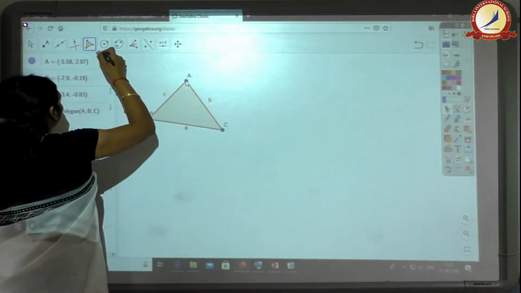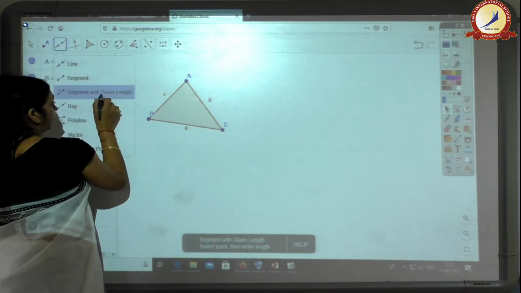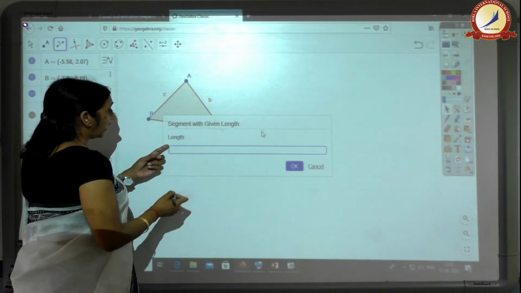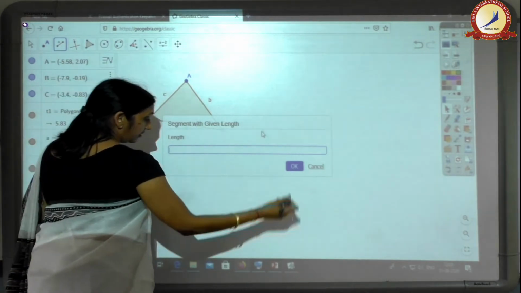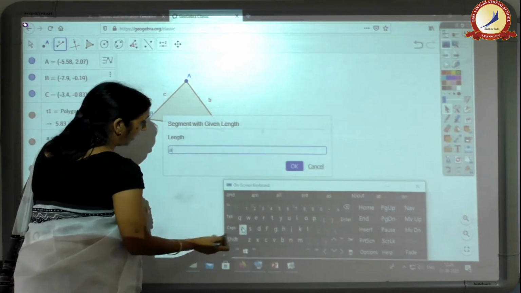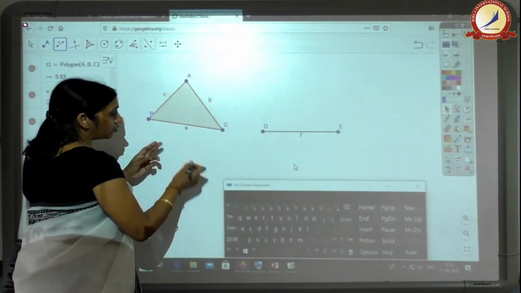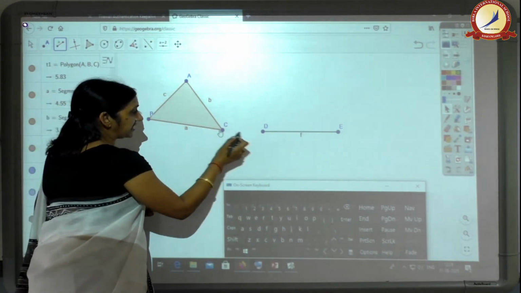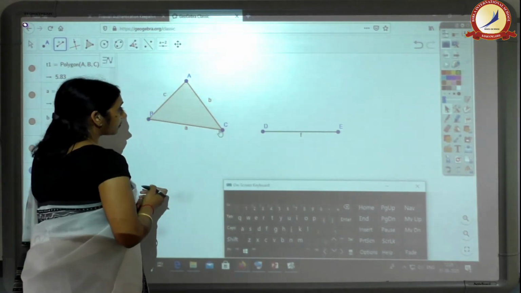To do that, select the line segment with given length tool, and enter the length. Because BC is of length a, I am going to enter a as the length of the side. So you will observe that BC is equal to DE.